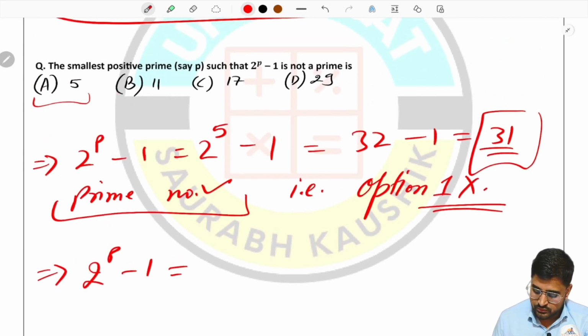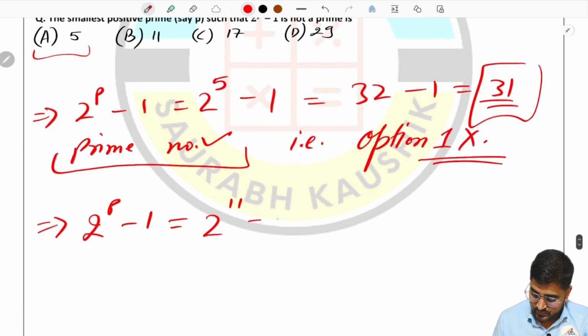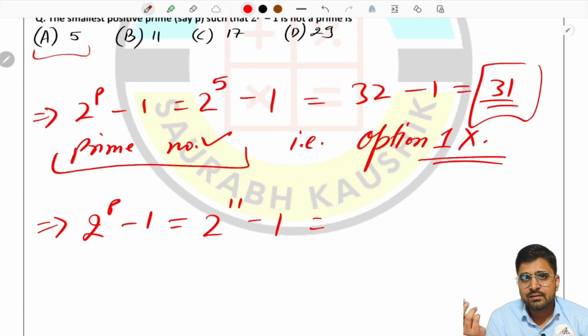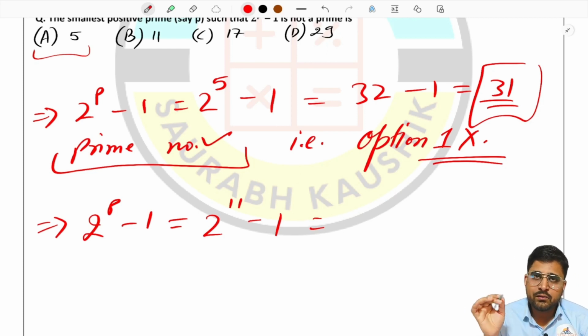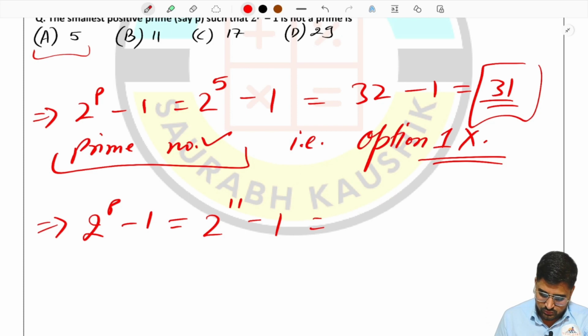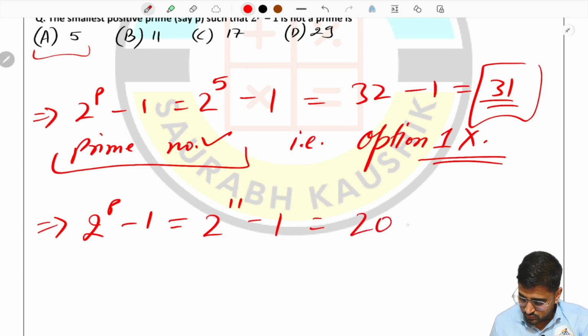Now put the same. B, means this time p is equal to 11. 2 to the power 11 minus 1. Now how can you write the power of 11? See, we know that 2 to the power 10 is 1024. Then double it, 2048. Now 2048 minus 1. That's the simplest thing that we can do. 2048 minus 1 is 2047.